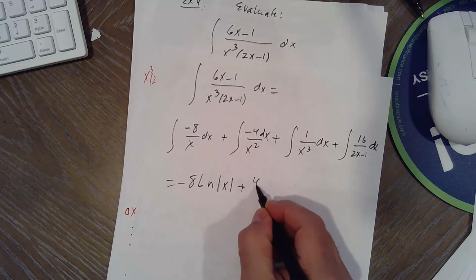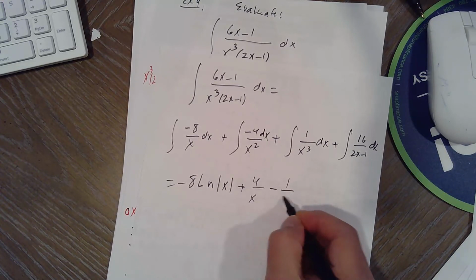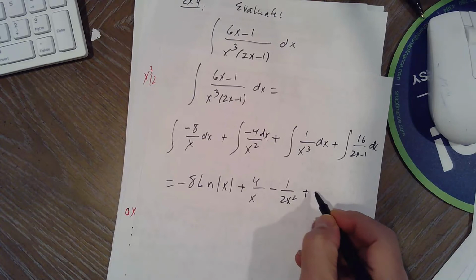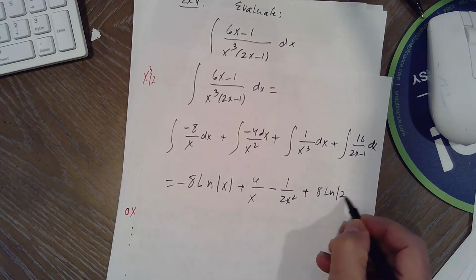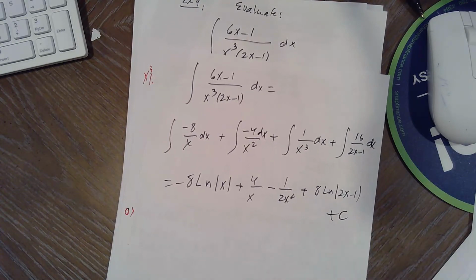That gives 4 over x minus 1 over 2x squared plus 8 ln absolute value of 2x minus 1 plus C.